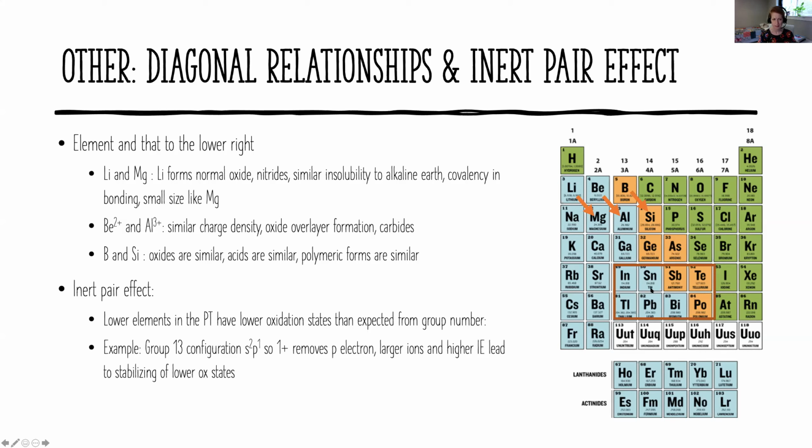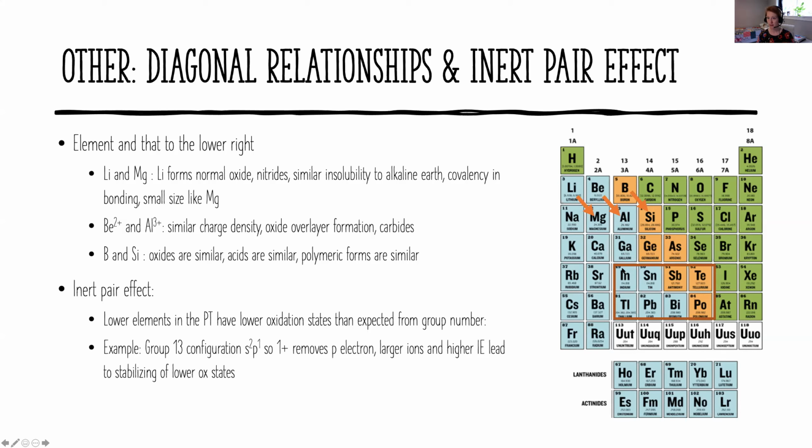So let's talk about these elements down here. So these are elements that have lower oxidation states than expected from the group number. And so you would expect that indium and thallium, its most normal oxidation state would be 3+, because that's what we see for aluminum and gallium, right? Aluminum 3+, gallium 3+, indium 3+, thallium 3+.